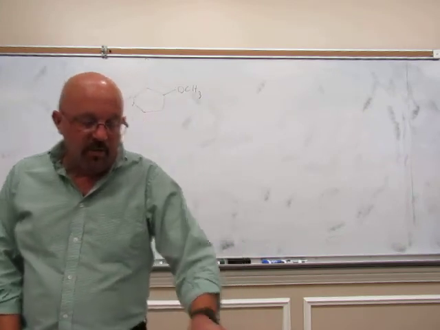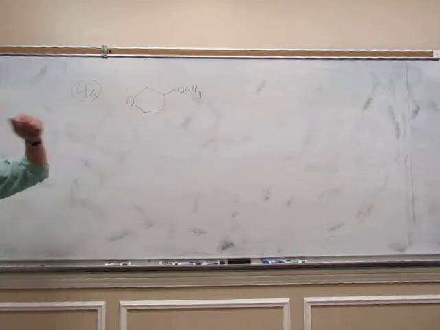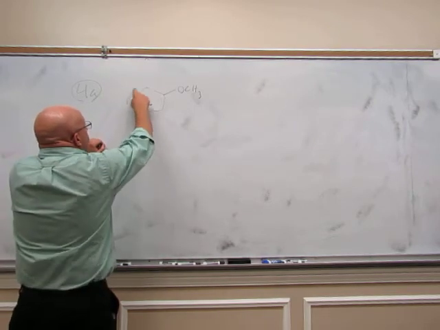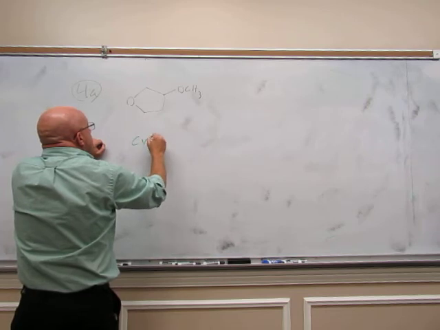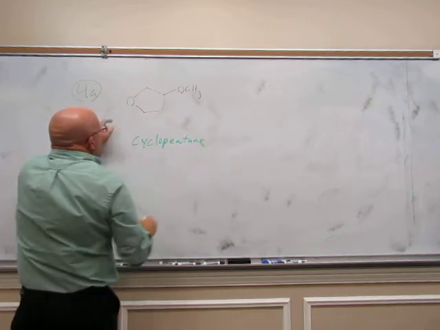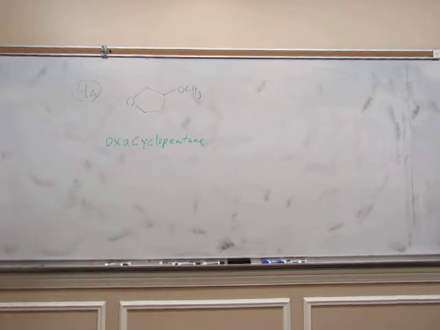We talked about with the cyclic ethers, we use replacement nomenclature. We pretend that oxygen is a carbon, replace it with a carbon, name it, and then add the prefix oxo. So if that were a carbon, that would be a cyclopentane. And we simply add oxo to the front of that to represent that we have the oxygen in the ring.